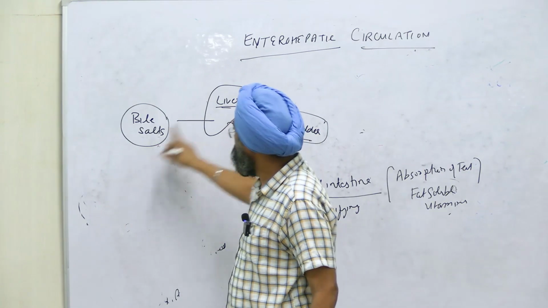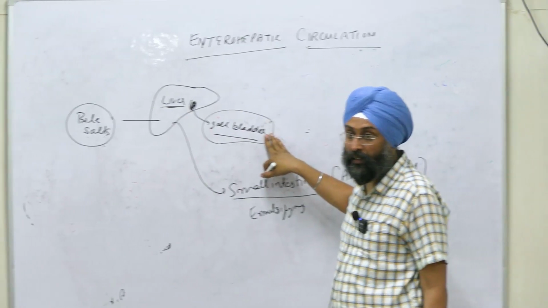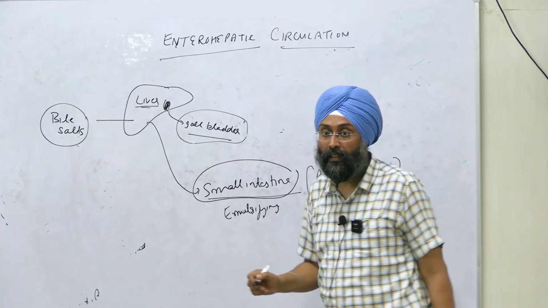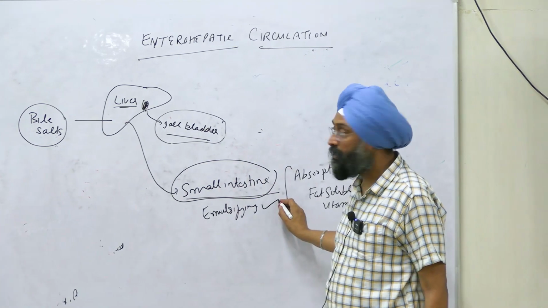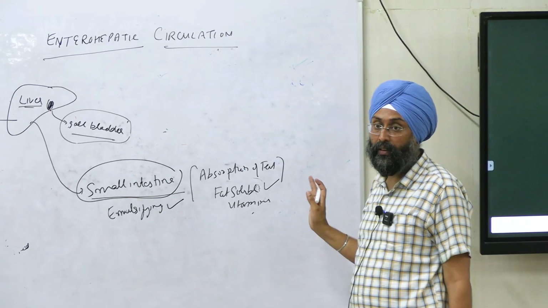Right, the bile salts are synthesized in liver, clear, stored in gallbladder, right? From here they are secreted into the small intestine, where they act as emulsifying agents and help in absorption of fats, fat soluble vitamins as well, right?